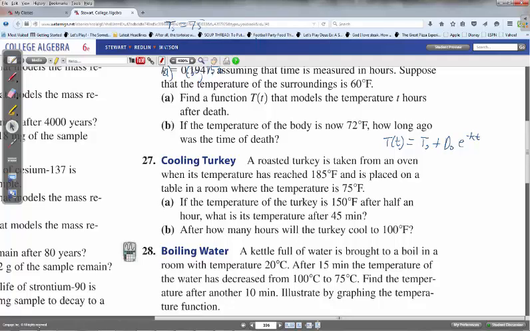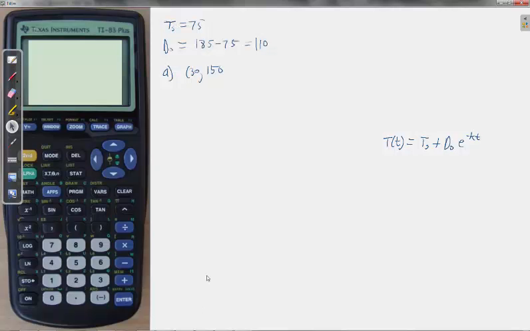So let's set that up. I will say instead of 30, I will say 1/2. All right. So since we know that, we ought to be able to take our basic equation, T of t equals 75 plus 110 e to the negative kt, and plug in these two.